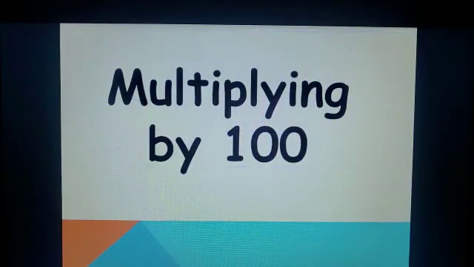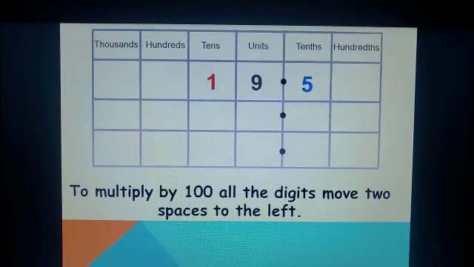So what if I multiply my number by 100? I'm making it 100 times bigger this time. In the number 100, you can see I've got 2 zeros. So that tells me I need to move my digits 2 spaces to the left. So let's look at the number 19.5. I need to move all my digits 2 spaces to the left to make them 100 times bigger.